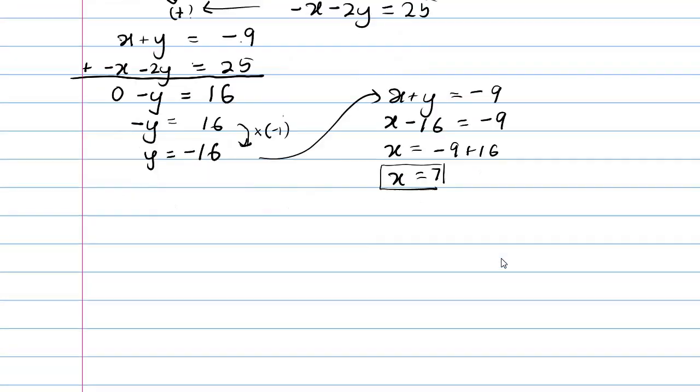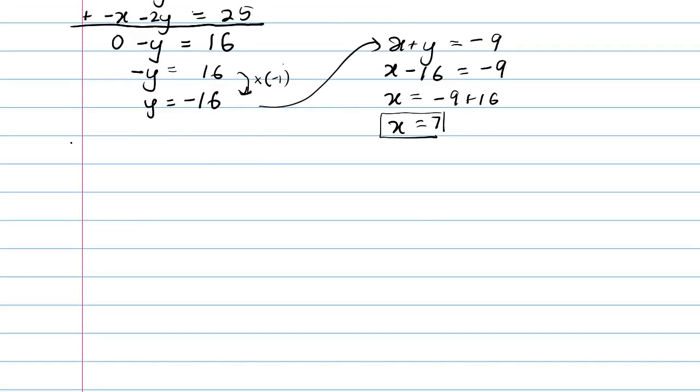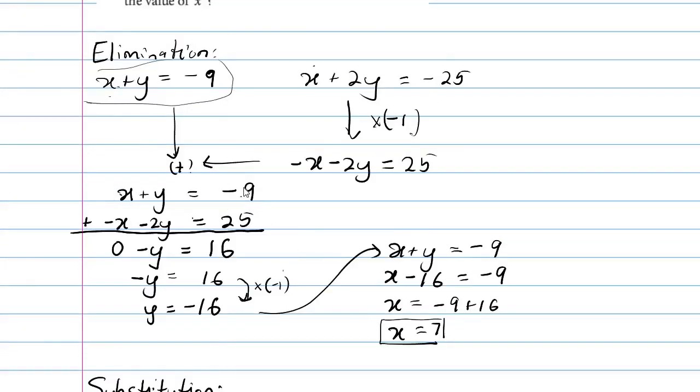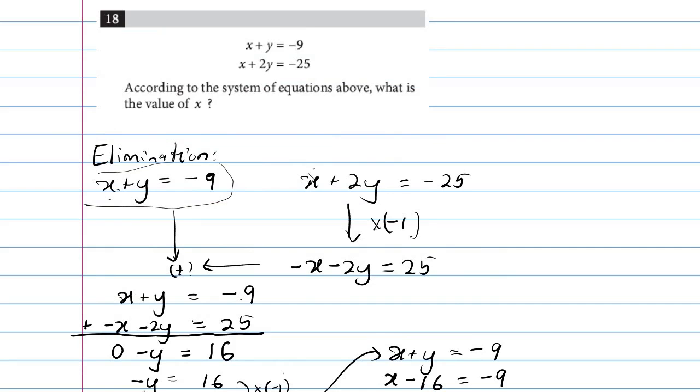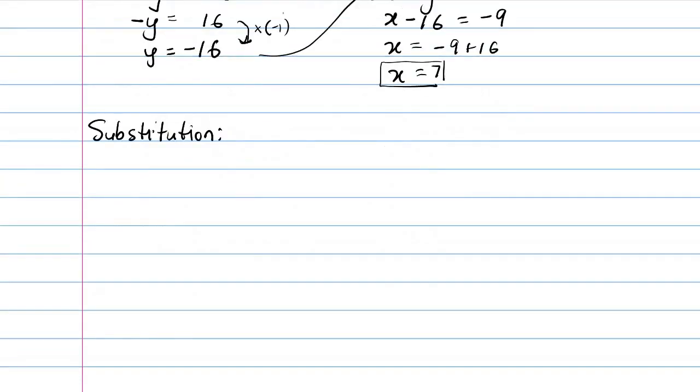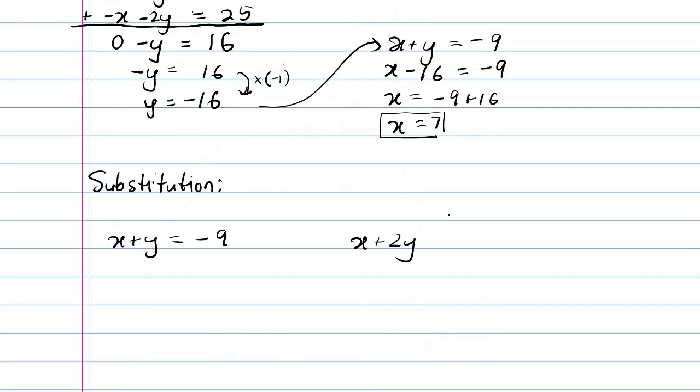Let's see if we can do the substitution method here so that you get an idea. Substitution method 2. We have x plus y equals negative 9, and x plus 2y, let me check again, equals negative 25, right?